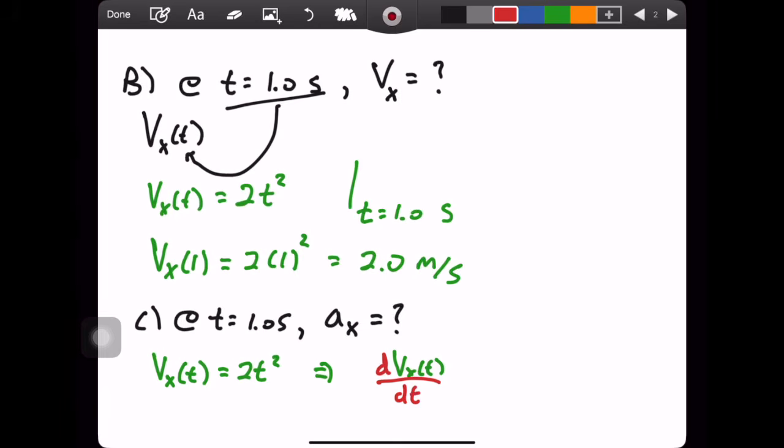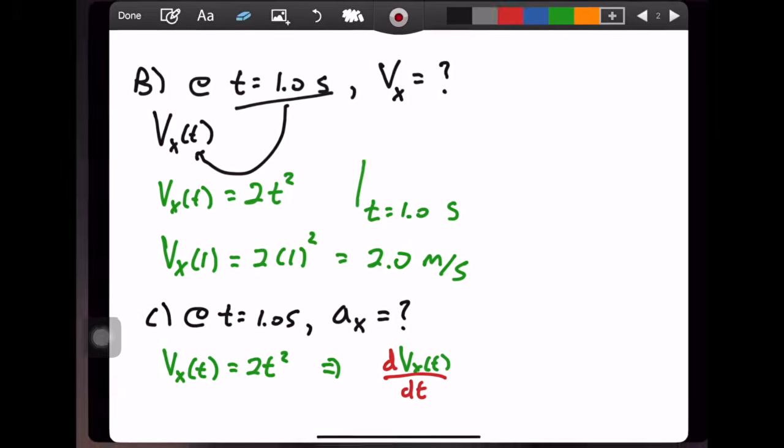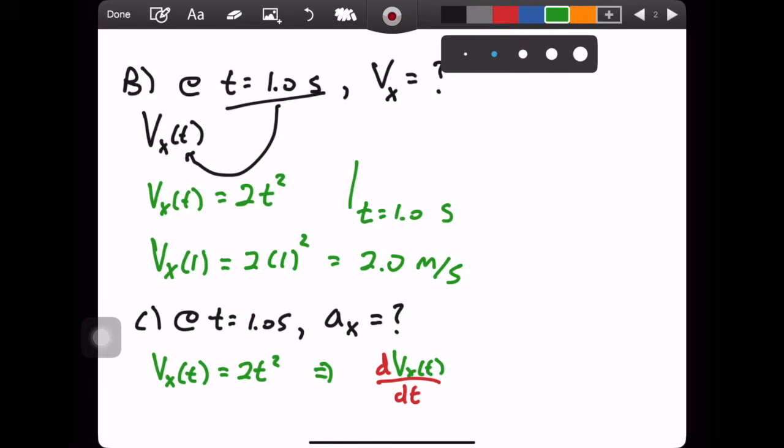So this is just taking the velocity as a function of time and then taking the derivative of that with respect to time. And that will equal, if velocity as a function of time is 2t squared, if you take the derivative of that, and really quickly, let me also say this is another way of saying v prime x of t.